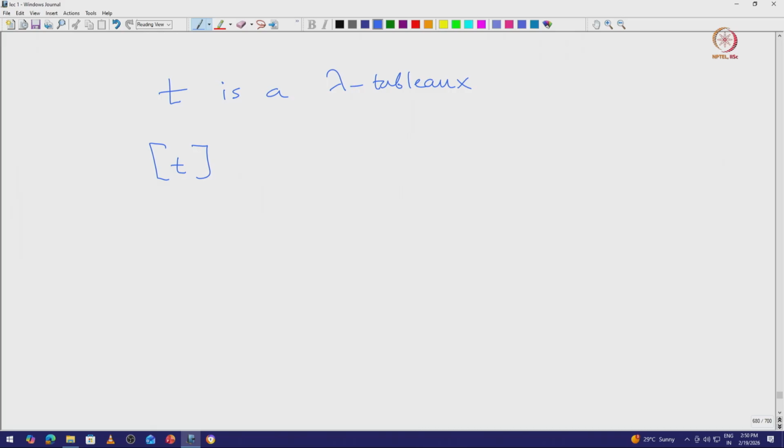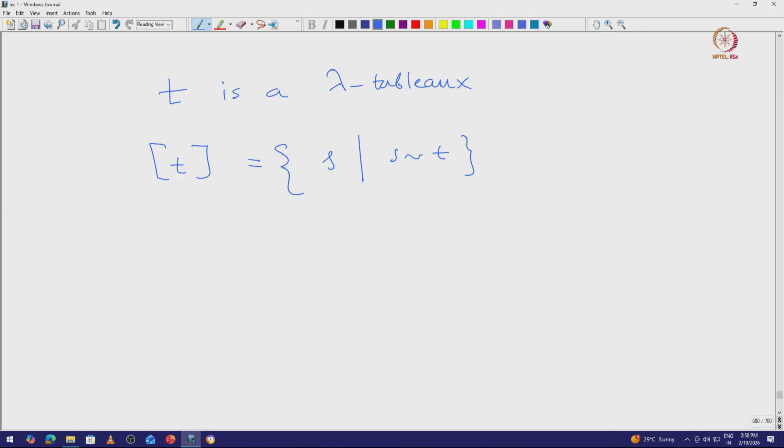That is how the equivalence class of T is obtained. Those tableaux S are related to T, which means S and T have the same set of entries in each row.